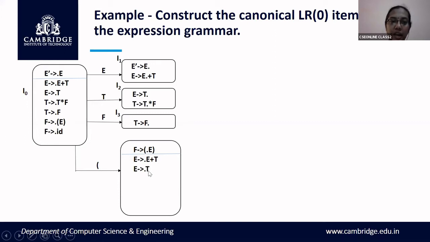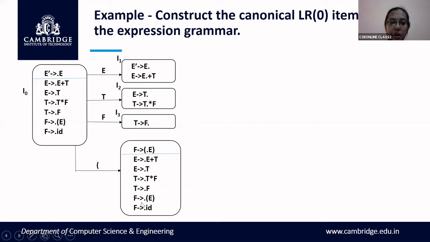If you take the closure of T, add all the productions where T is there on the LHS. You get two more new productions. So considering the new production added now, T derives dot T star F. Dot is followed by T. Okay. T's closure you have already taken just now. Don't worry about it. Come to the next production rule. T derives dot F. Dot is followed by F. F is a variable. Now you have to take the closure of F. Add all the productions of F. You have two productions for F. Add those two productions over here.